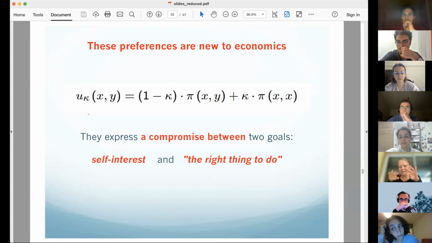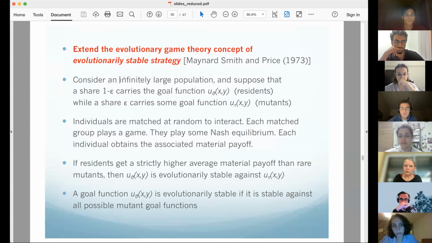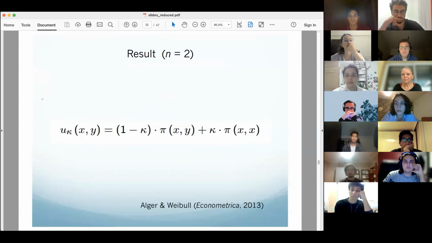After the first generation, there are several of these mutants, and they may spread out in the population more or less. And so then we can also endogenize this associative matching. But in the approach here, we have an infinitely large population, so we avoid the issue that you talk about. Okay, thanks.